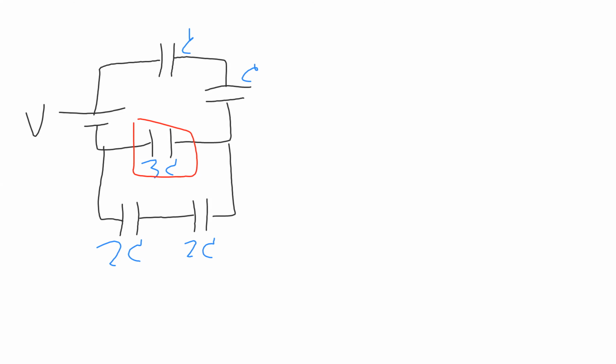So what are our rules for capacitors? If you forget, remember that the voltages add together when you're in series. So I know that V1 plus V2, whenever I'm in series, that's my rule. I know I have the same charge. So this is the same as charge over C1 plus charge over C2.